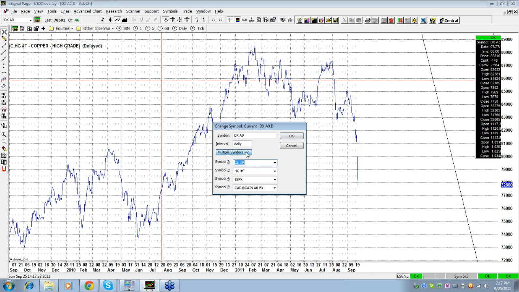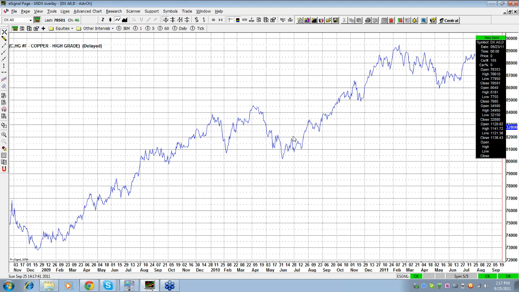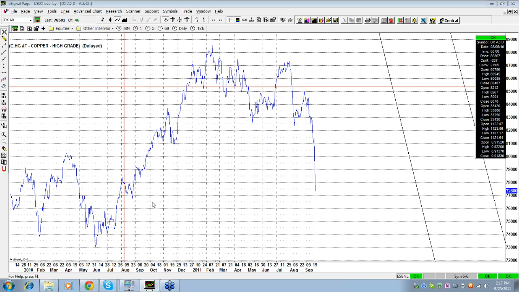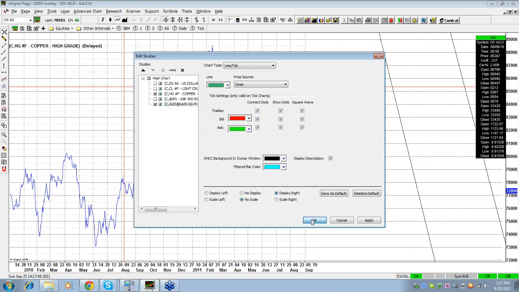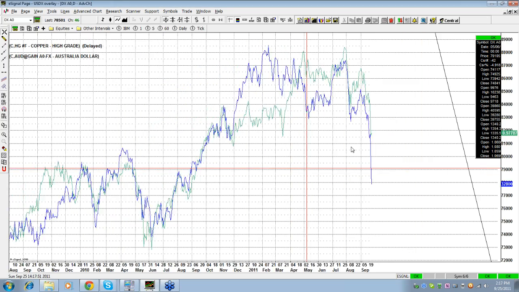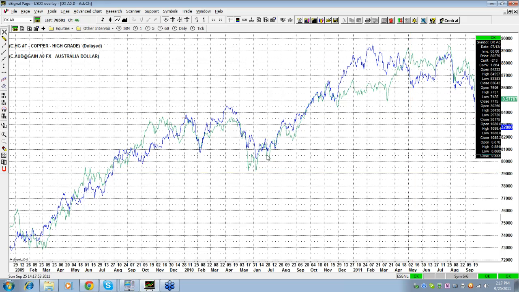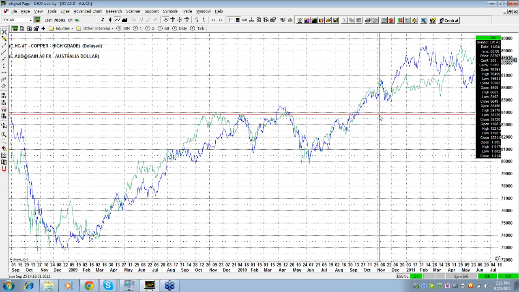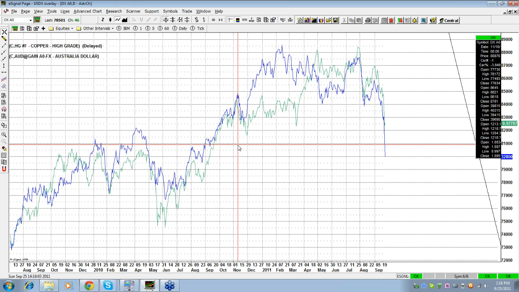We do a lot of correlation, guys, because you have to do correlation in order to be a successful trader. Look, this is Aussie. Look at the chart. It's amazing. Look, it's the same chart. When you trade Aussie, you can say that you're trading copper.